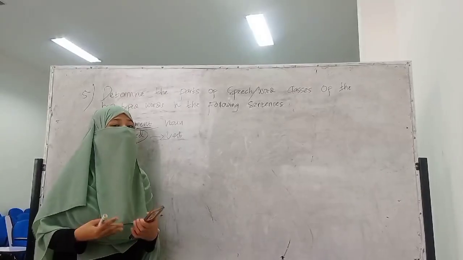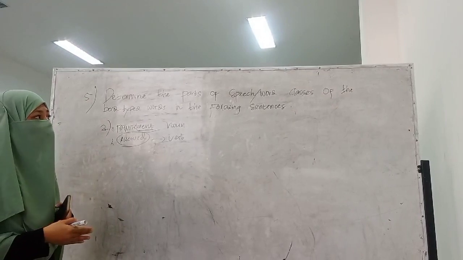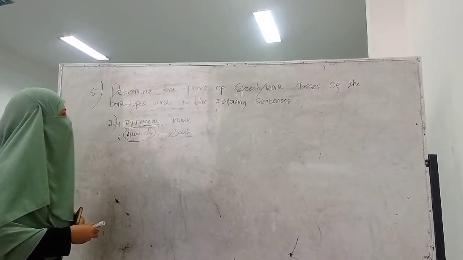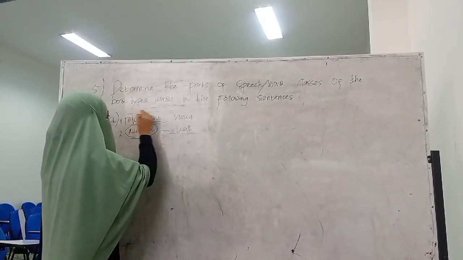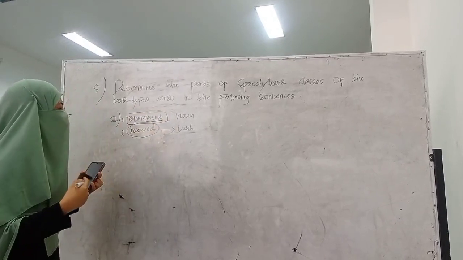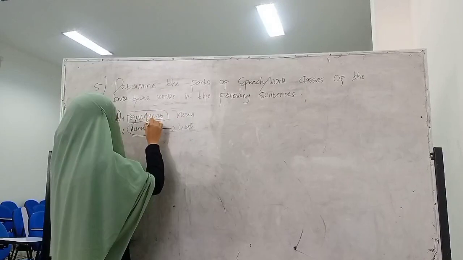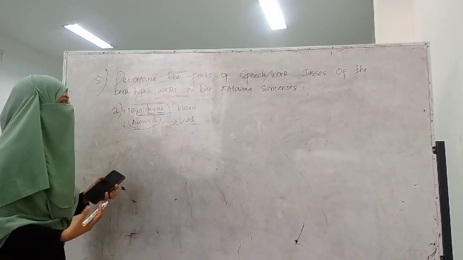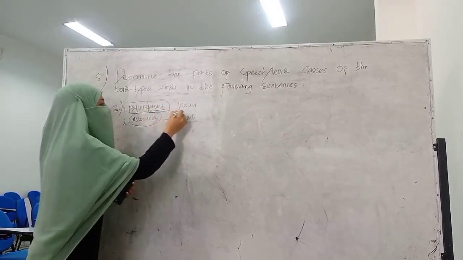Well, I will continue to explain the fifth measurement, which is to determine the part of speech or word class of the bold type words in the following sentence. First point is requirement. Requirement we can know is a noun, because the last word ment should be a noun.